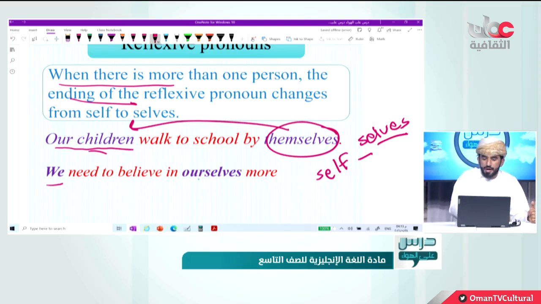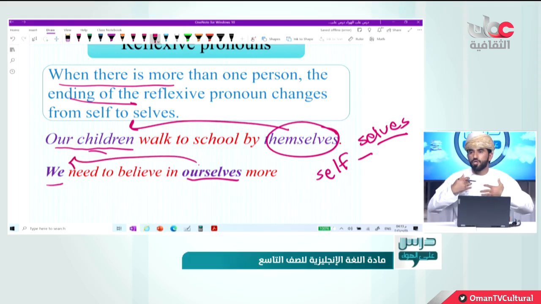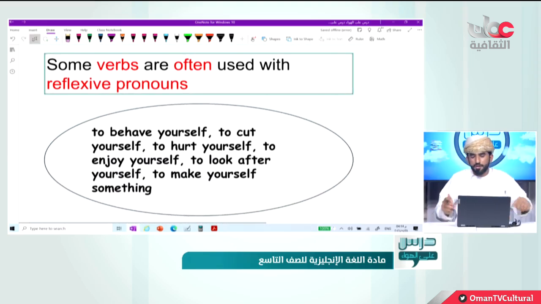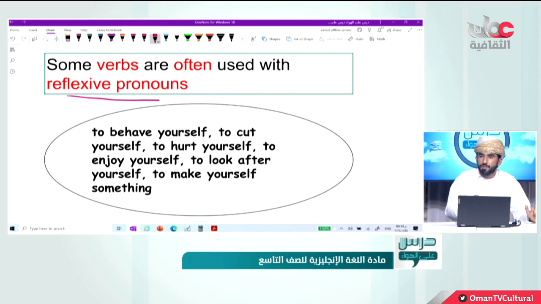We need to believe in ourselves. Ourselves refers to what? To we, to us. Very good. There are some verbs which are often used with reflexive pronouns. Sometimes we use those reflexive pronouns once we use some of those verbs.